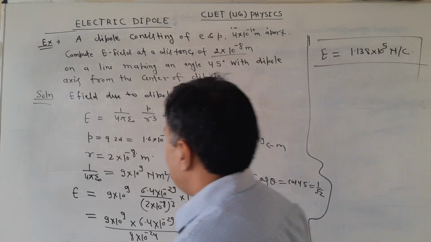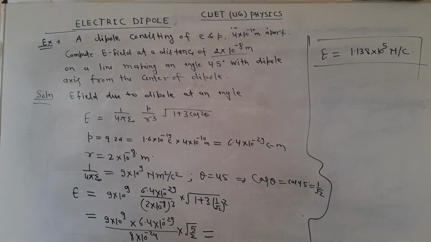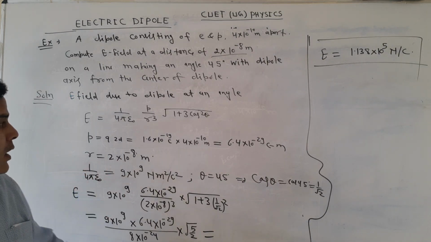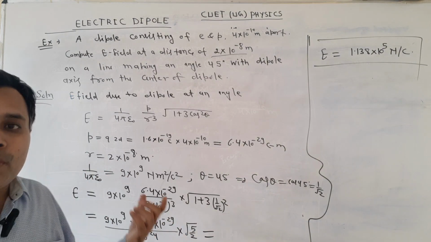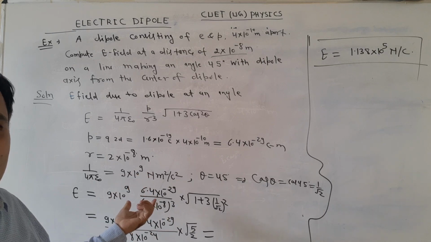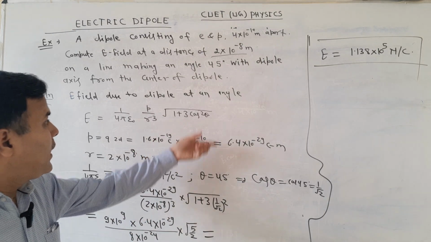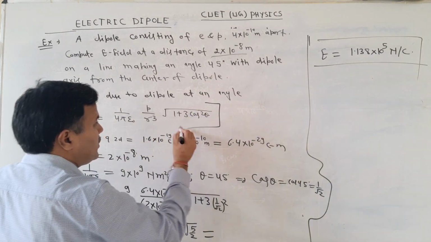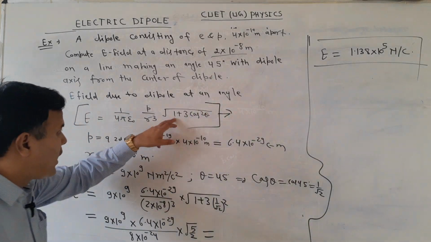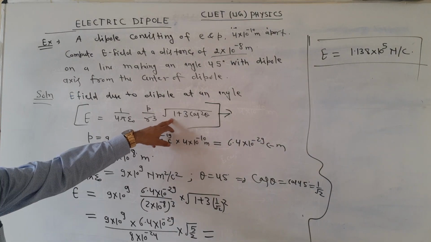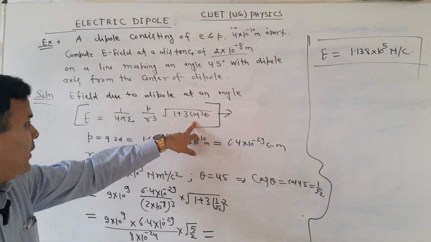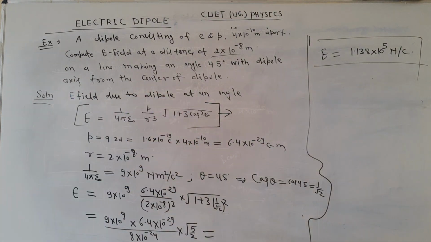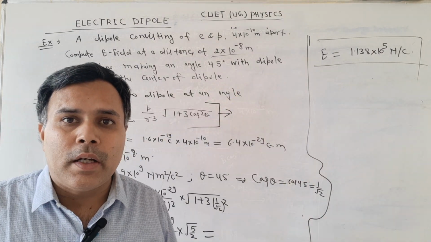This is the way to find the electric dipole moment and the electric field due to a dipole in different situations. This is the situation at an angle. This is the formula for electric field due to a dipole at an angle. Putting in all these values and solving, we get the electric field.